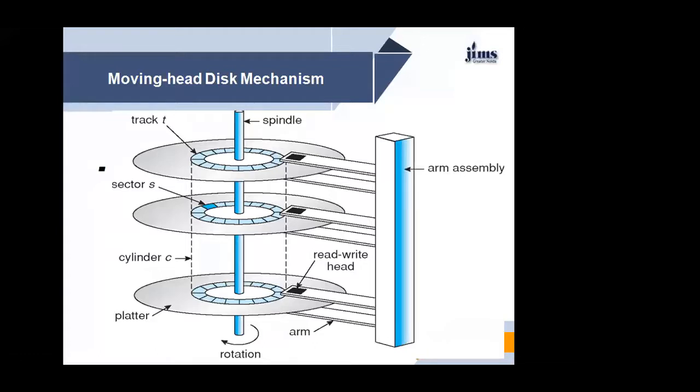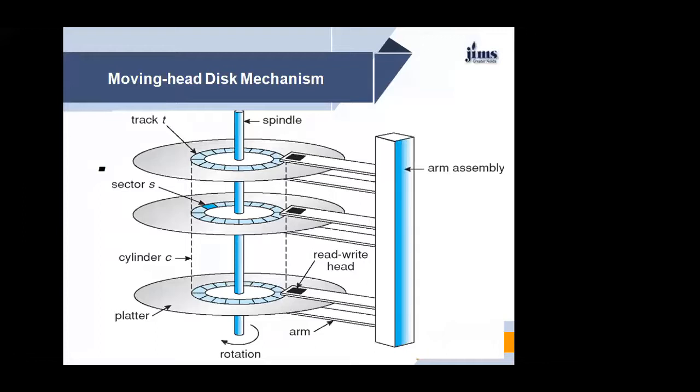So first of all, we will understand the moving head disk mechanism. You can see in this figure there is a cylinder, which we can call the spindle. There is an arm assembly, and with this arm assembly the different platters are attached.